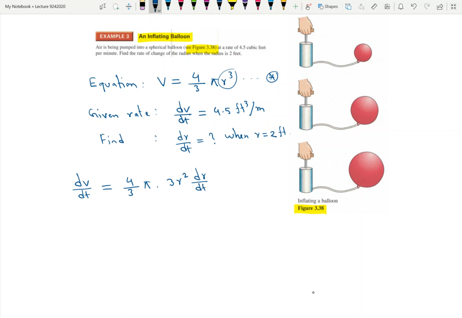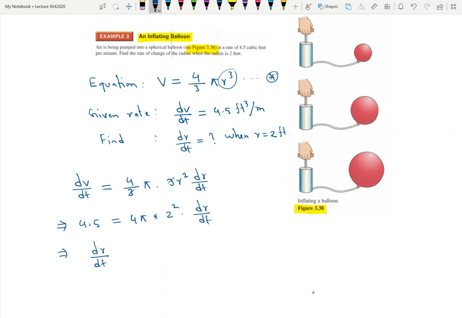Okay. Now plug in all of those values. So dV over dt is given as 4.5, and this 3 and that 3 cancel. 4 pi, r is 2, so 2 squared times dr over dt.